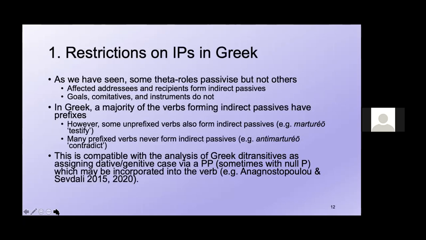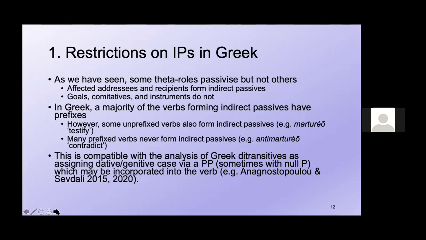So as we've seen, there are some restrictions on indirect passives in Greek. Some theta roles passivize, but others don't. So we see indirect passives with affected addressees and recipients, but not with roles like comitatives or instruments. Another interesting factor, which we'll return to later, is that a majority of the Greek verbs forming indirect passives have prefixes.